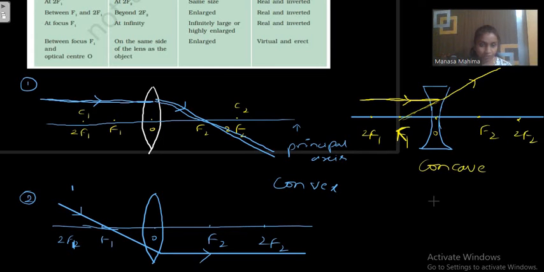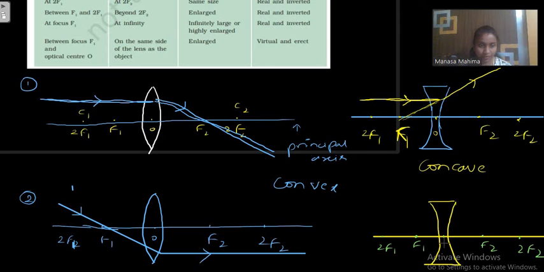Same thing we have to draw for convex. If I take this as F1, this as 2F1, F2, 2F2, and this is point O. If I consider the ray in this way, and if I extend it back, it should meet at F2.